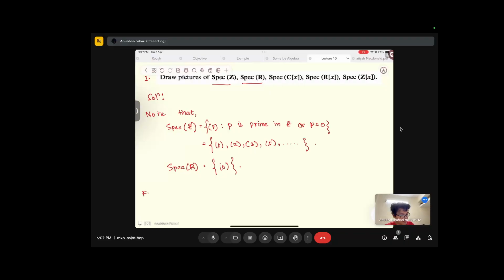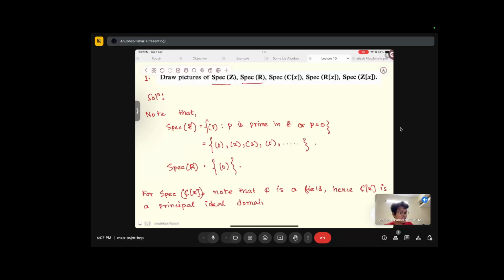For Spec C[x], note that C is a field, hence C[x] is a principal ideal domain.